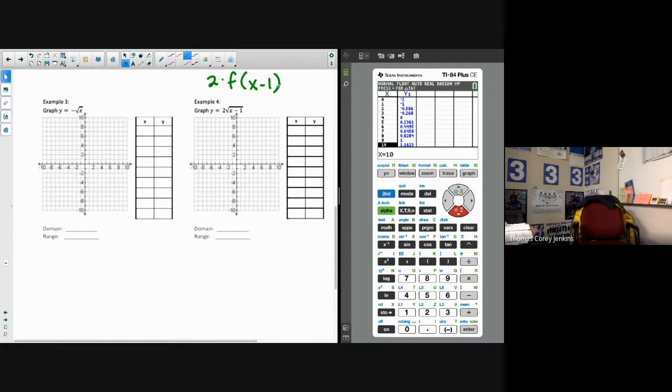All right. So the answer to that was, we're not really asked to do this, but I think it's important to see anyways. Answer would be a vertical stretch, where a equals 2. And also, an x minus 1 is going to move us to the right 1.